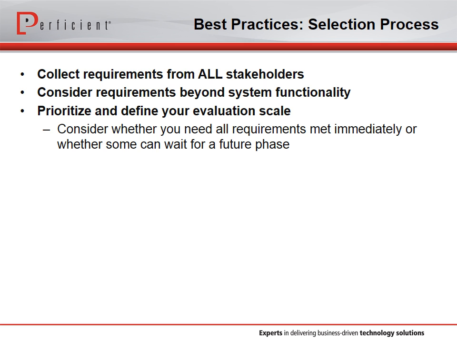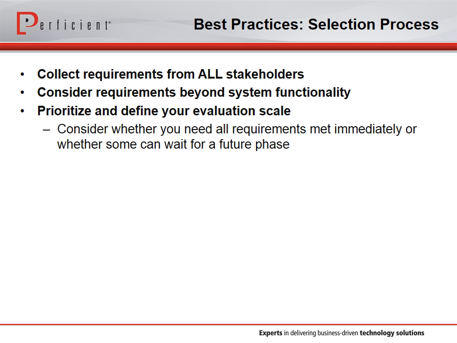So clearly there are many things to consider during your selection process, not just functionality. So here are some best practices to make sure that you end up with exactly what you need. You'll want to start out by identifying all of the stakeholder departments and a representative from each department to collect feedback from their respective department.